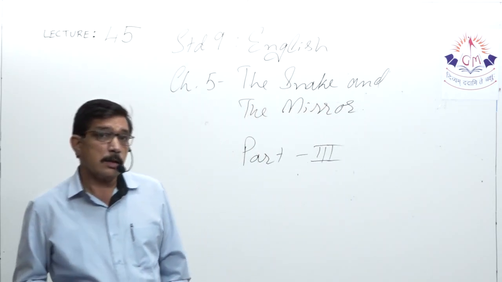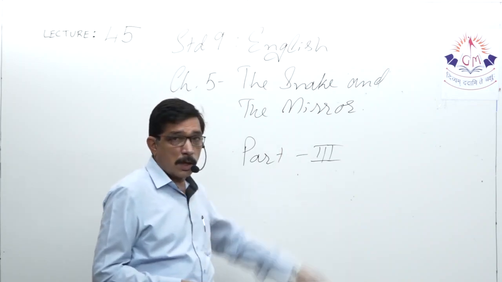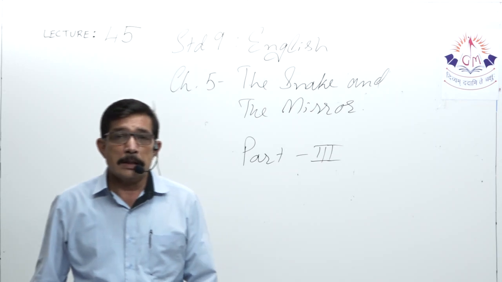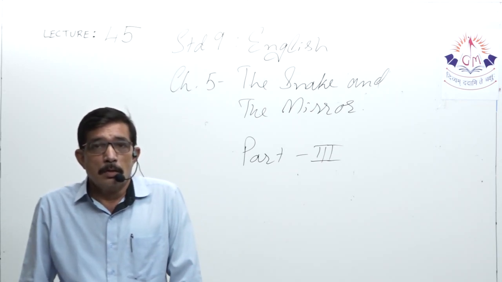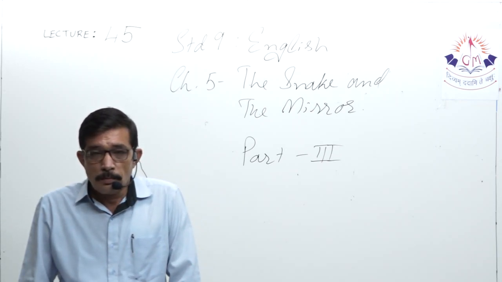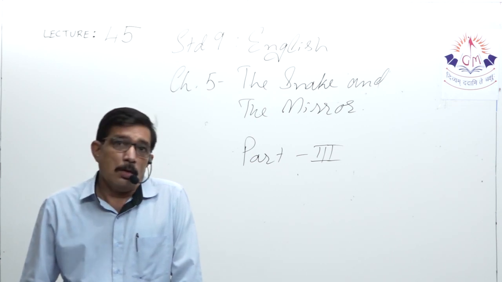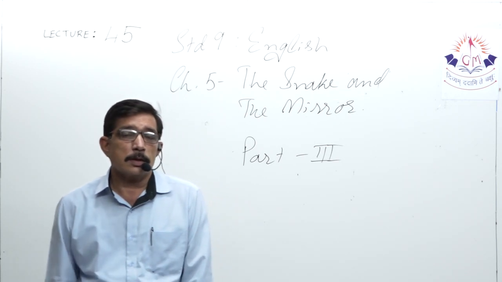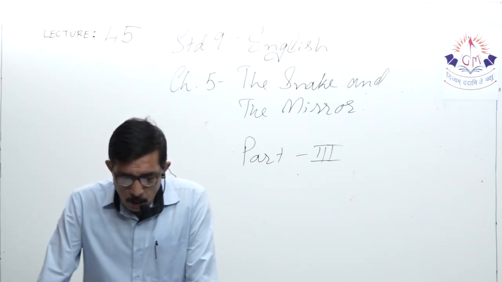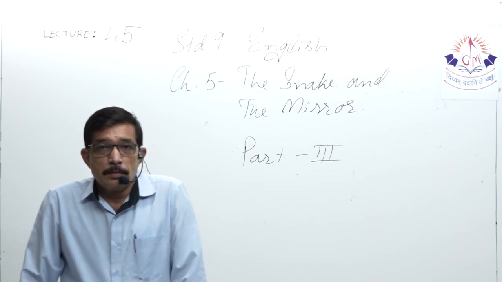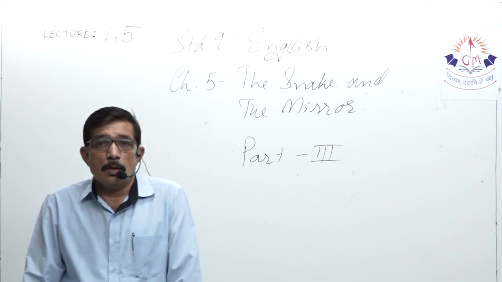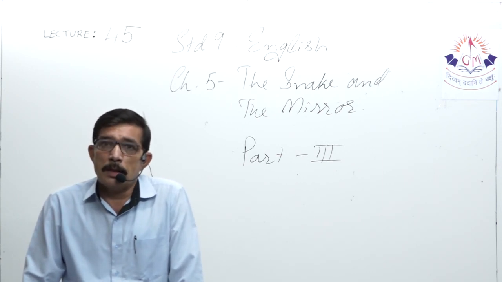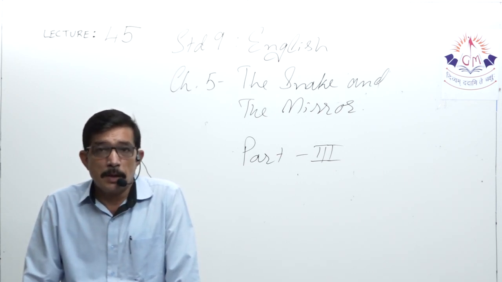Now, as this is the third part of the chapter, we should know what happened earlier in the two lectures from this chapter. The author of this story is Vaikom Muhammad Bashir, quite a well-known author who usually writes in Malayalam, the language of Kerala.